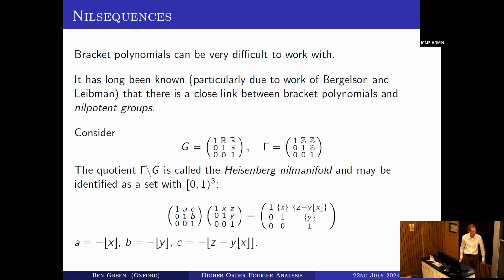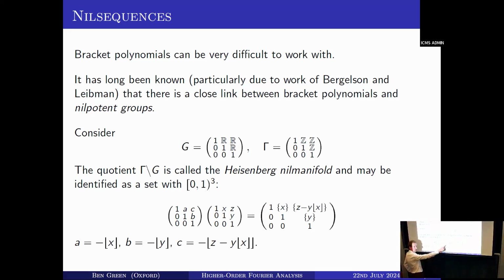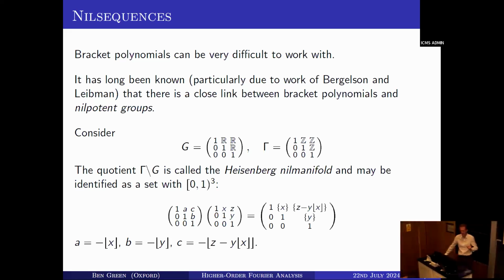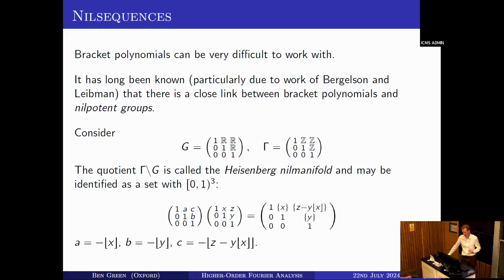And that's because, given an arbitrary 3 by 3 matrix in the Heisenberg group, you can pre-multiply it by an integer matrix with these particular entries, where those are floor functions, to take you essentially uniquely to a matrix that has entries between 0 and 1. So as a set, it's more or less the cube with sides identified. So that's a nilmanifold, and it's called nil because this Heisenberg group here is a two-step nilpotent group.